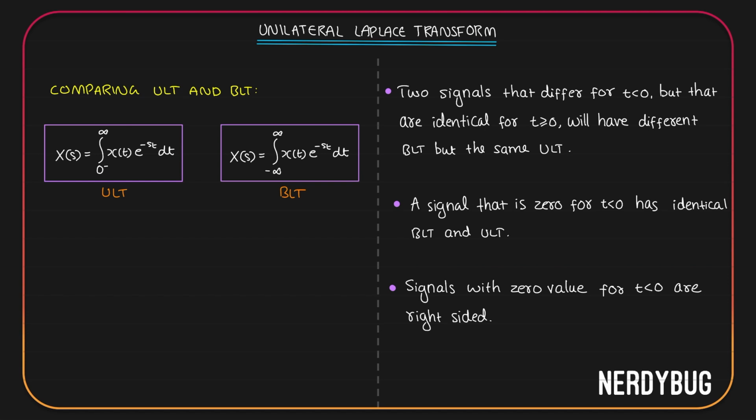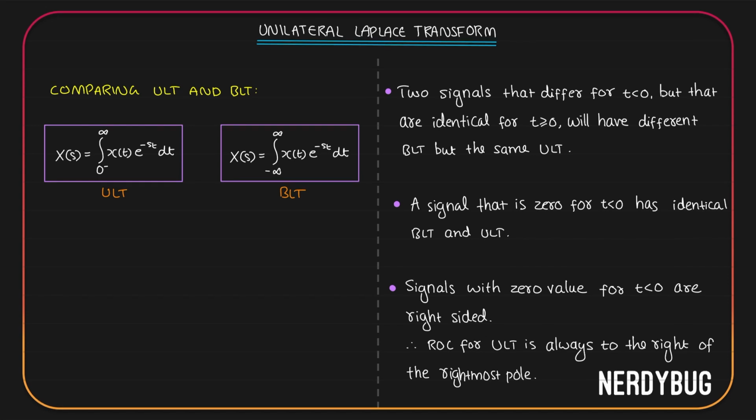So it is technically as if the signal has zero value for t less than 0. Also, we know for a right-sided signal, ROC is always to the right of the rightmost pole. That means whenever you're taking unilateral Laplace transform of a signal, its ROC is always going to be to the right of the rightmost pole.